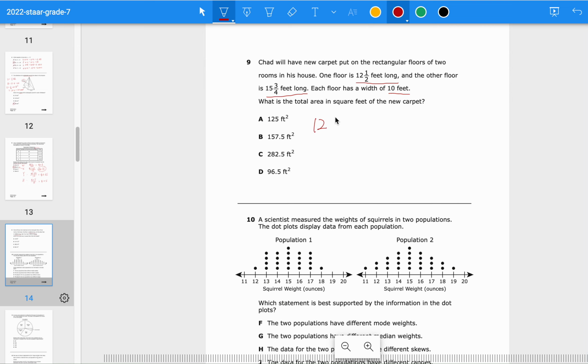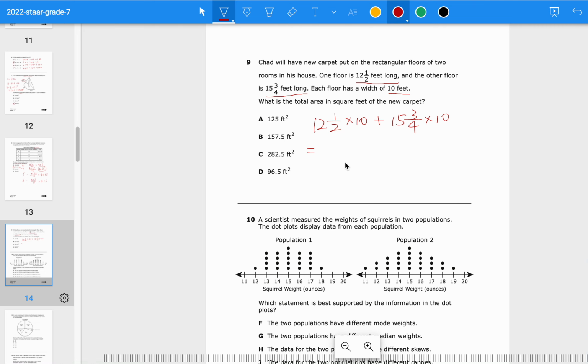So that is 12.5 multiplied by 10, this is the area of the first room, and the second one is 15 3/4 times 10. There are many ways to calculate this fraction multiplication.